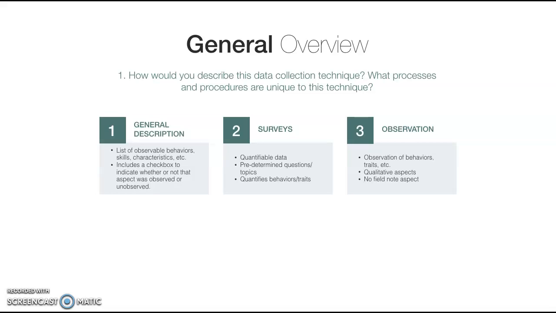They differ from observation more specifically in that there is no field note aspect, and I'm going to talk about this in a little bit, but this relates to the fact that checklists aren't very specific and really focus only on a yes-no question.